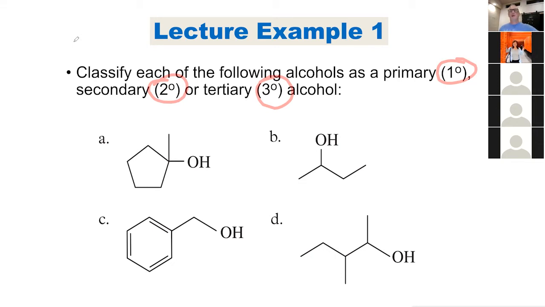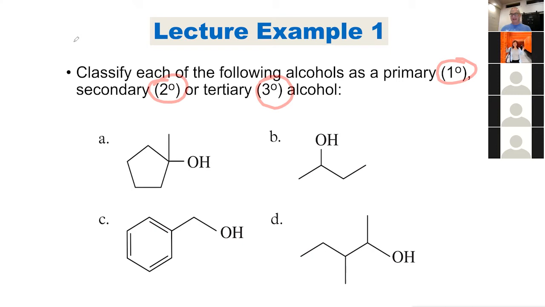What would a primary alcohol look like? Connected to only one carbon. Right. Nope, close. Because each one of these hydroxyls is attached to only one carbon. Is it the carbon that's binding to the alcohol?